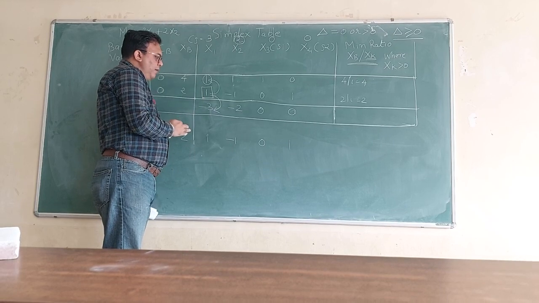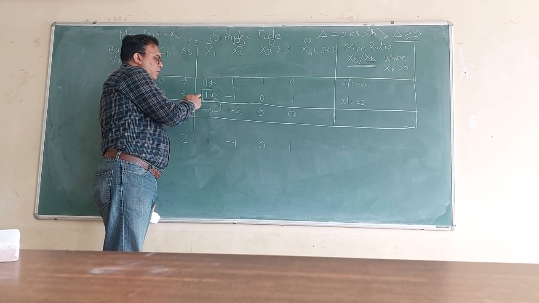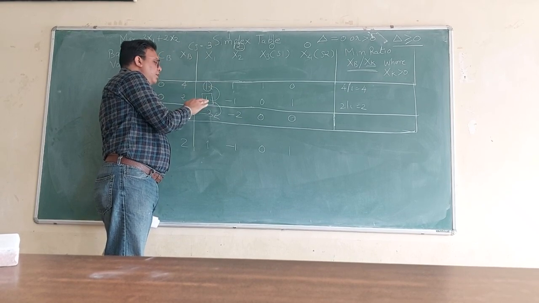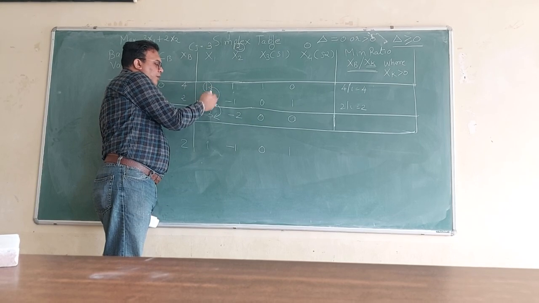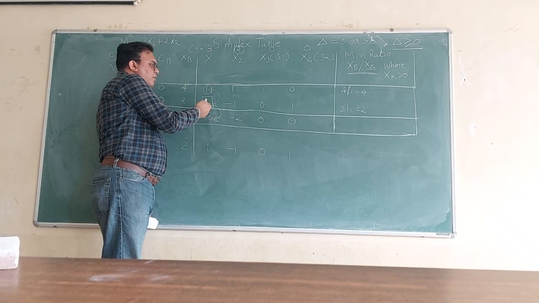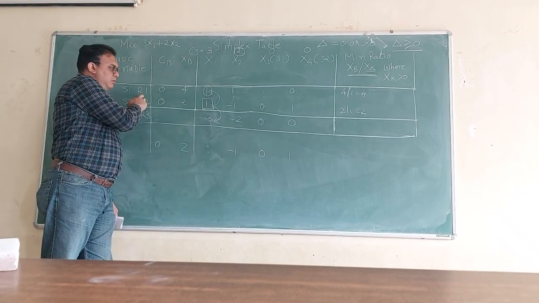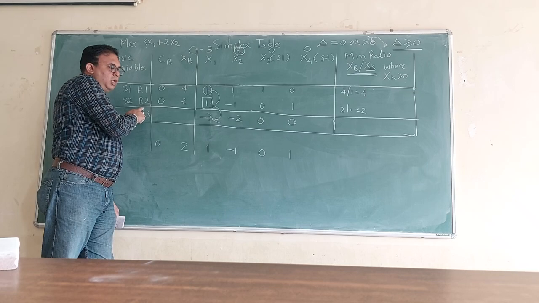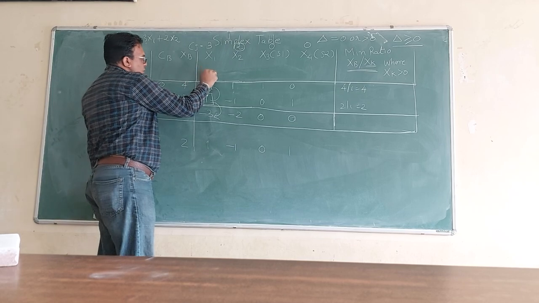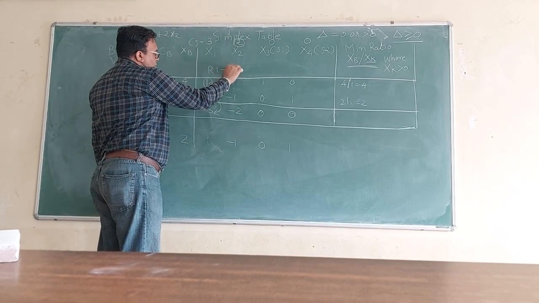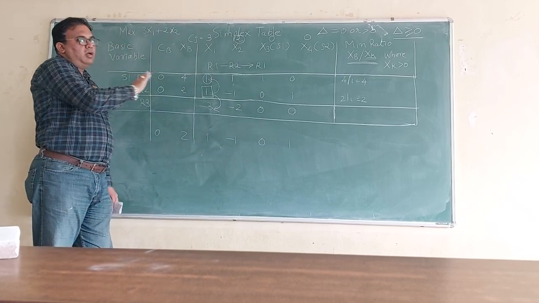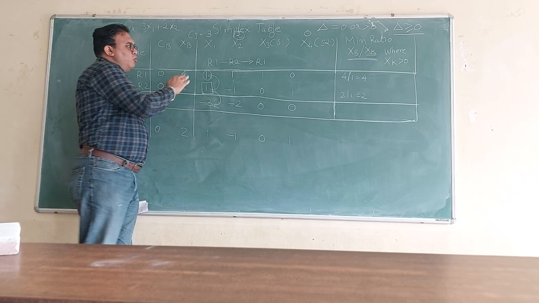We multiply this equation with 1 and subtract from this, or easily this value should be subtracted from this. It means row 1 minus row 2, and what we get is a new row. We can write like this: R1 minus R2, that will give the new value, that is also put in R1. Understood?